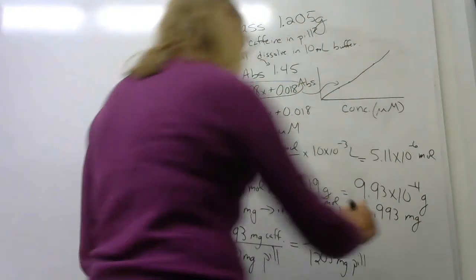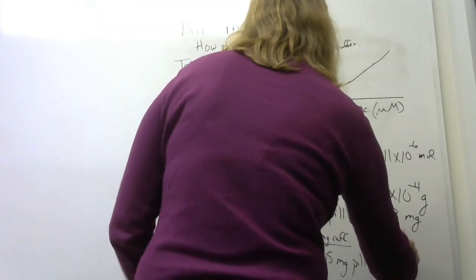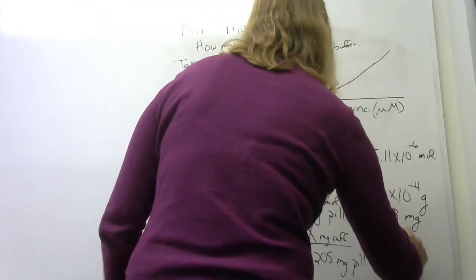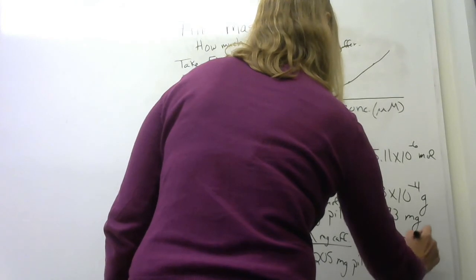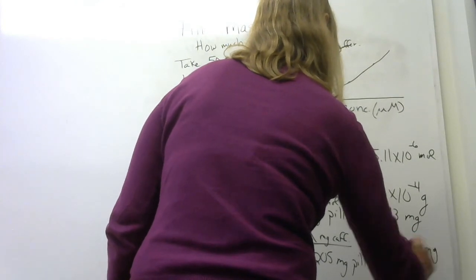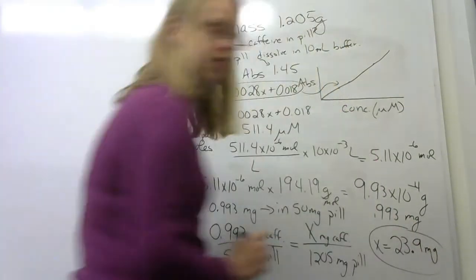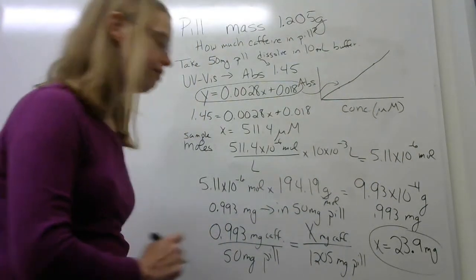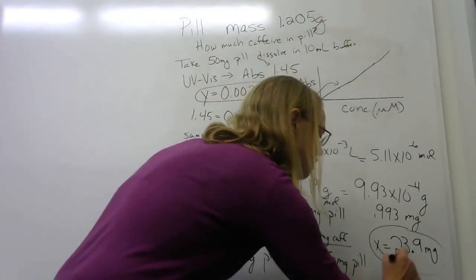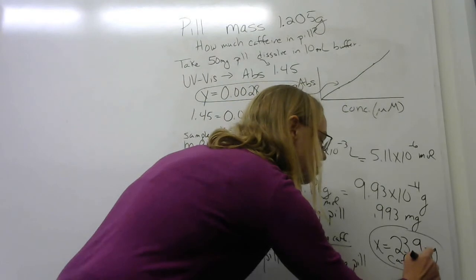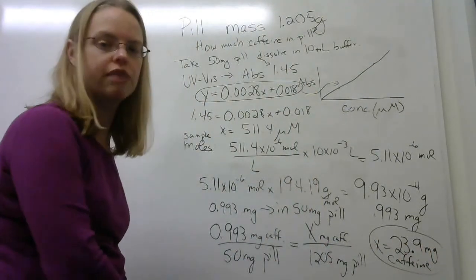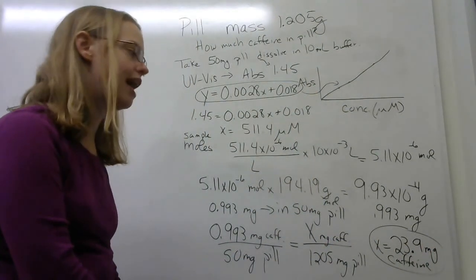If I solve for that, X in this case ends up being 23.9 milligrams. That's the final number. How much caffeine was in the pill? From our calculations and our measurement, it's 23.9 milligrams.